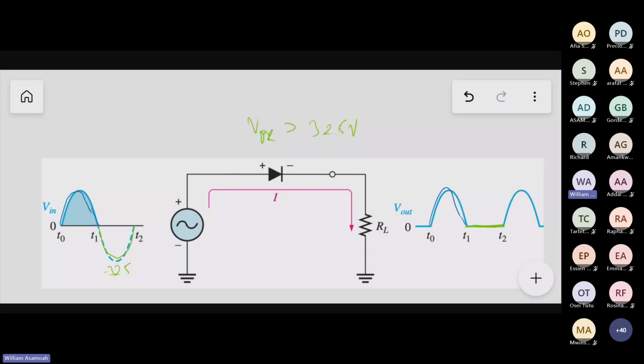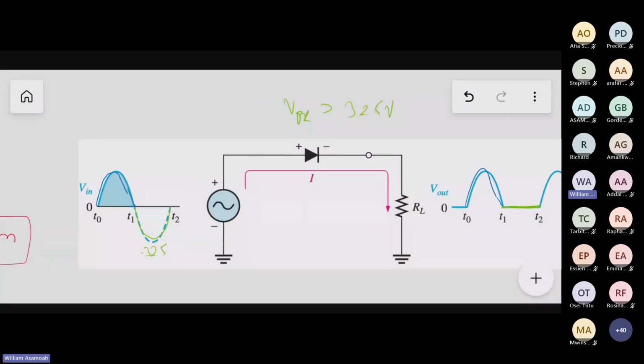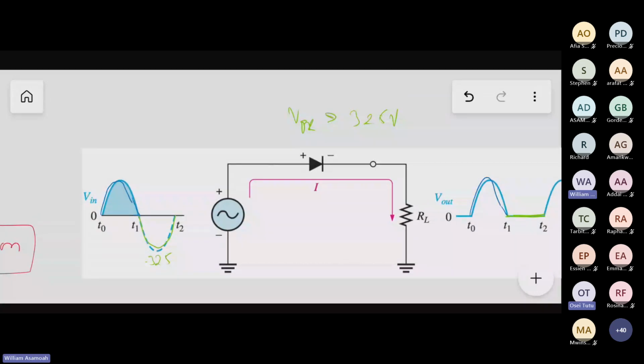Please, we understand? No, sir. So you see, I said that whenever the diode is in reverse mode, if the reverse voltage connected to it is greater than the breakdown voltage of the diode, it will break down and get spoiled.